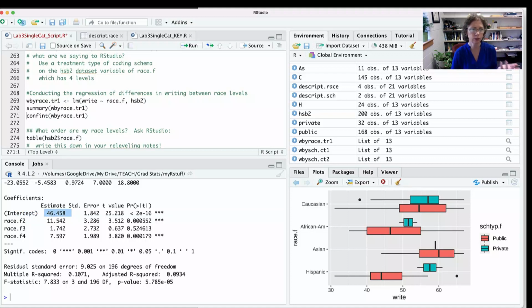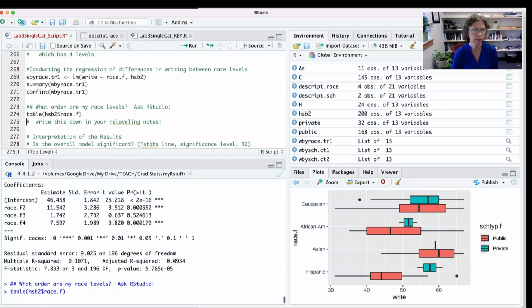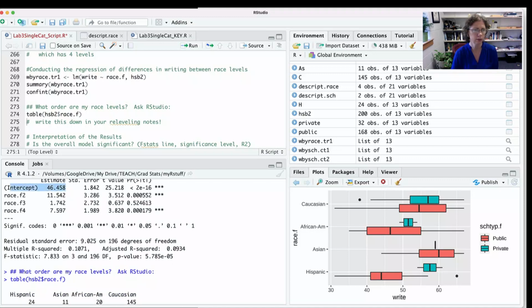Well, who is the referent? Let's see what order it's in. It's in the order of Hispanic, Asian, African American, and then Caucasian. So that means my referent is going to be Hispanic here. So the average writing proficiency score for the Hispanic ethnicity group is 46.46.